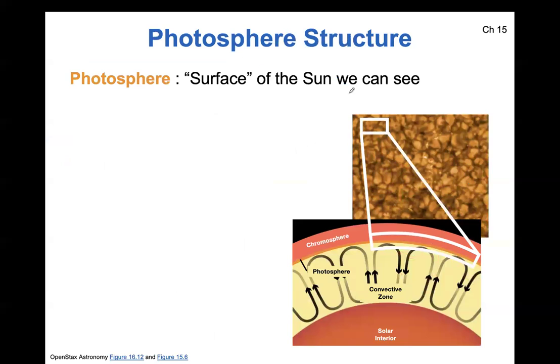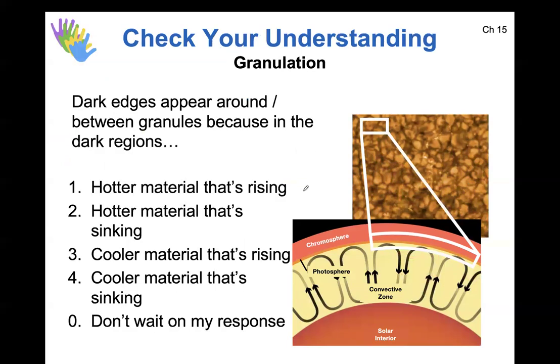What is the structure of the photosphere? What happens when we zoom in on it and take a closer look? Well, we notice all kinds of granulation. So we see this pattern that looks like maybe grains of something, all of these separate little spots, this pattern of mottled dots, of various shapes.